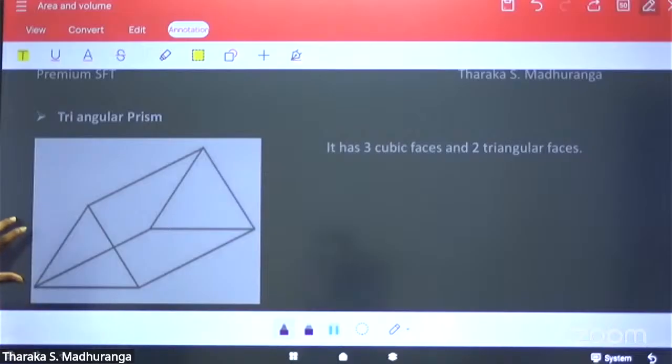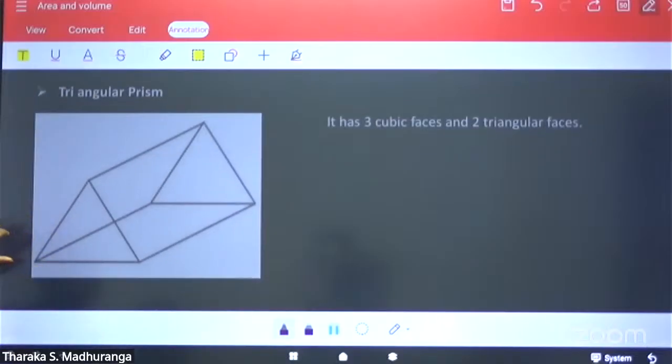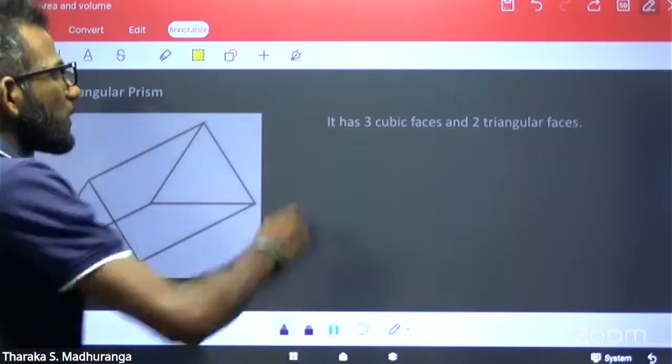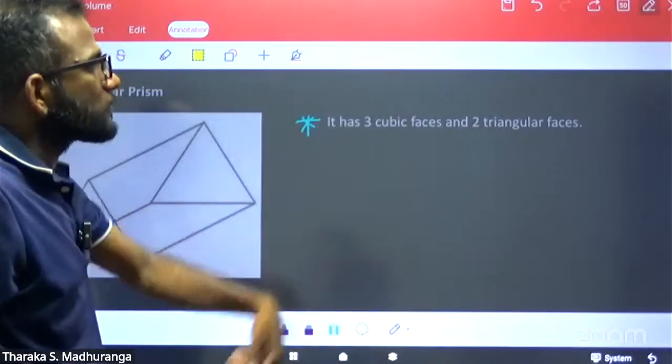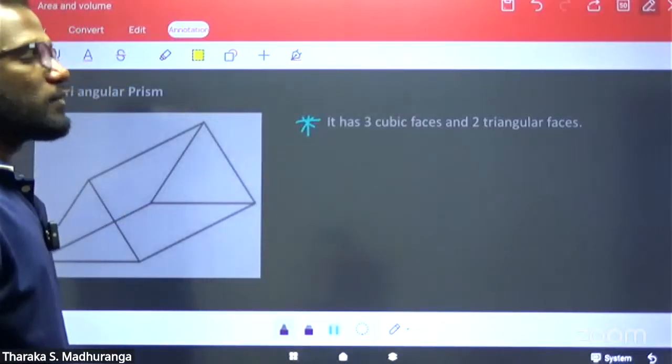Okay, write down final 3D shapes. The triangular prism. Okay, write down star mark. It has 3 rectangle faces and 2 triangular faces.